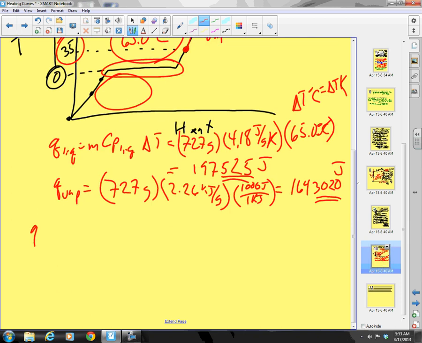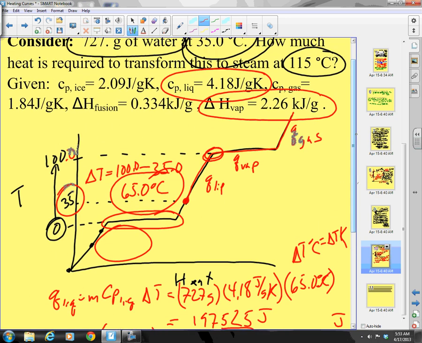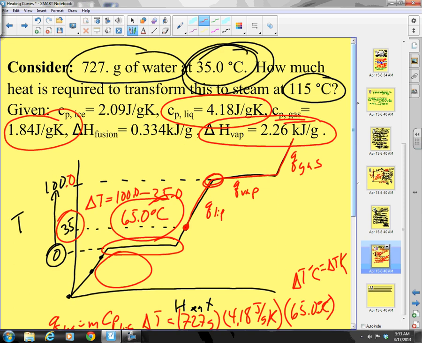We're going for Q of my gas, and that's going to be my 727 grams times C sub P of my gas. What's C sub P of my gas? Where's C sub P? Right here. C sub P of gas is 1.84 joules per gram Kelvin. And what's my delta T? Where did we stop? 115.